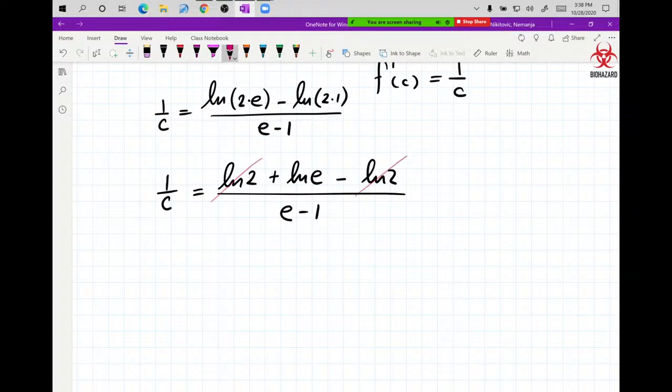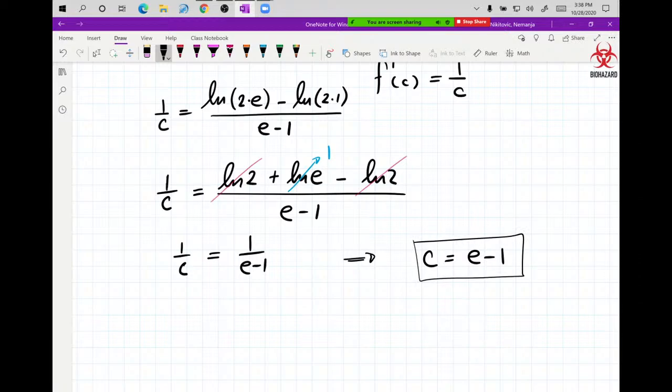These two cancel, and you get 1 over c equals ln e, which is 1, over e minus 1. Now, when you flip both sides of the fraction, c equals e minus 1. And there it is. So that is the point.